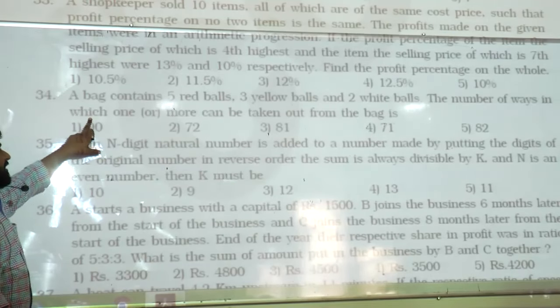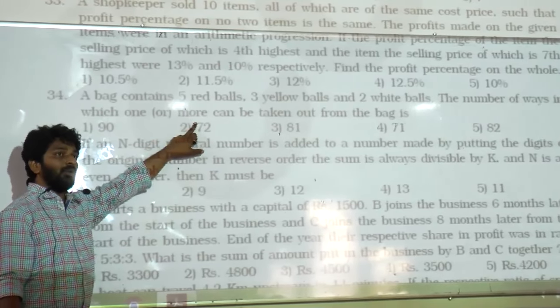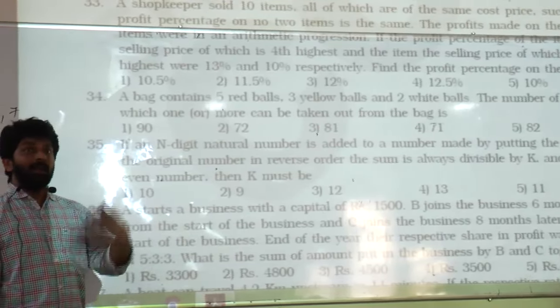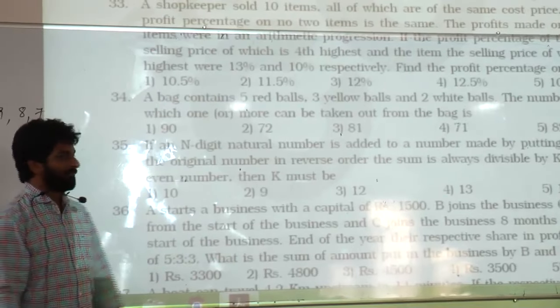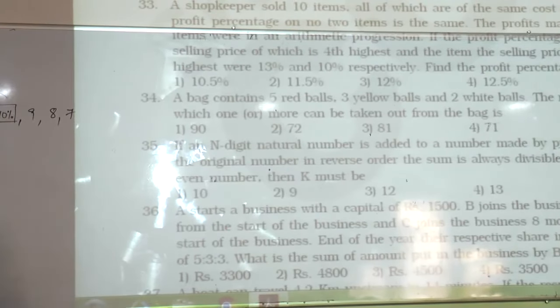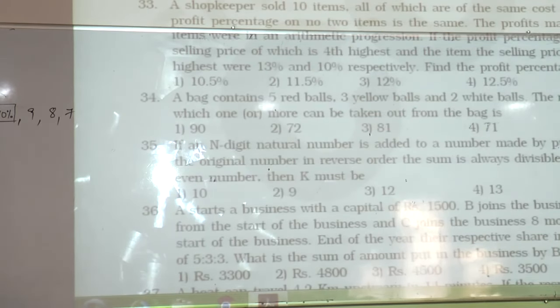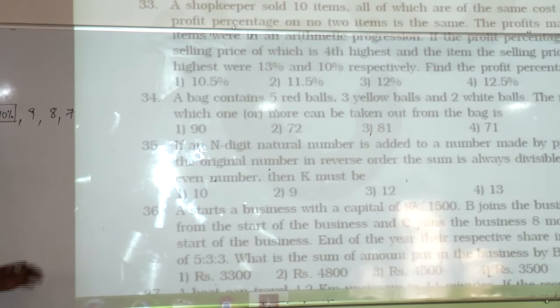The number of ways in which one or more colored ball, write that word, one or more colored ball, or one or more color you can say, whatever. One or more color can be taken out of the bag.